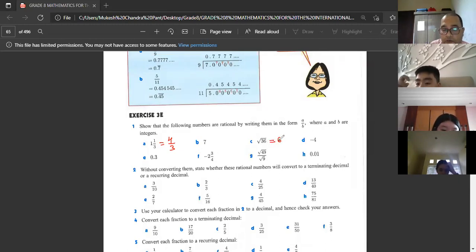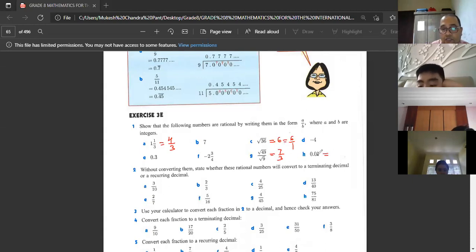It may be positive or negative, but we are not considering that. In the case of rational numbers, do not consider the plus or minus sign; only the numerical value matters. So square root of 36 means 6, and 6 can be written as 6/1.